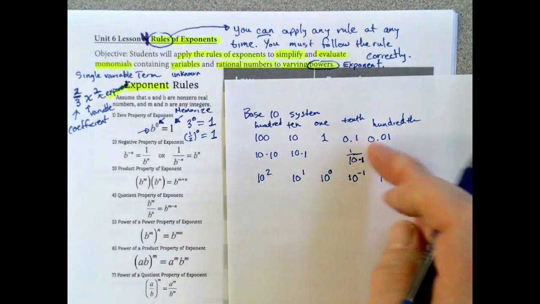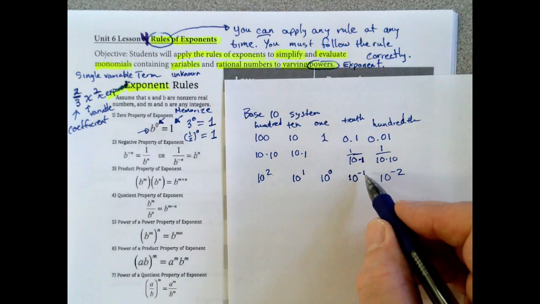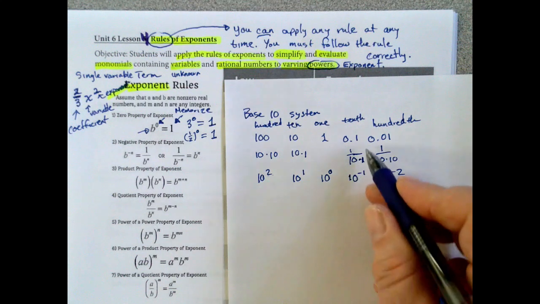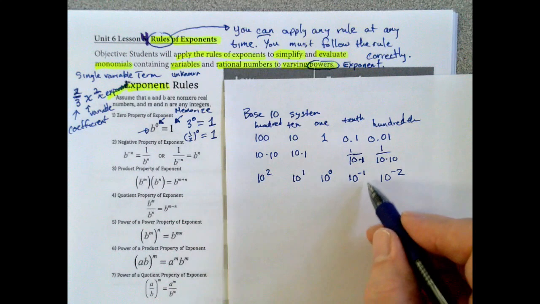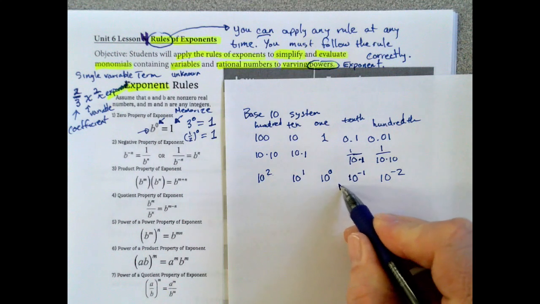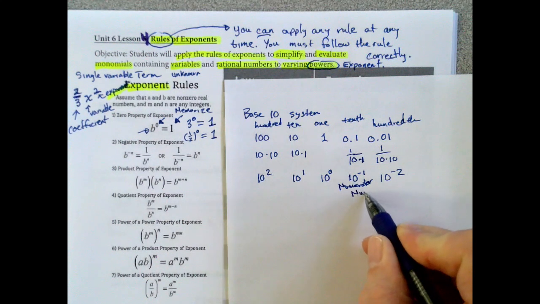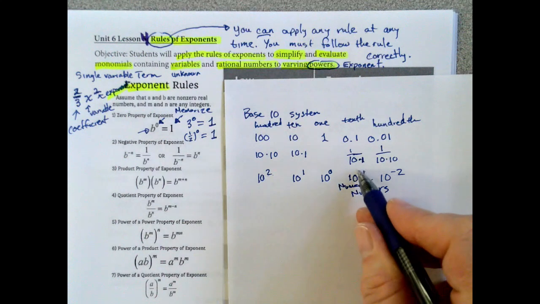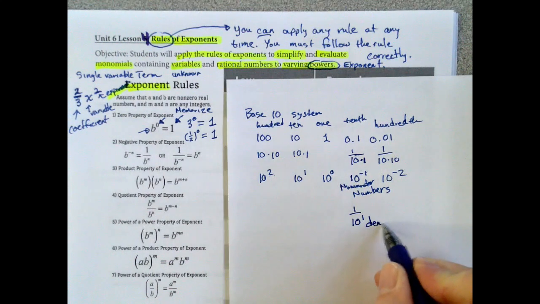And we're going to build out this idea of the quotient property. The rule here is that you can change this negative exponent to a positive exponent if you move it from the numerator. This is in the numerator. Their equivalent would be, I can change that power from negative to positive if I push it to the denominator.